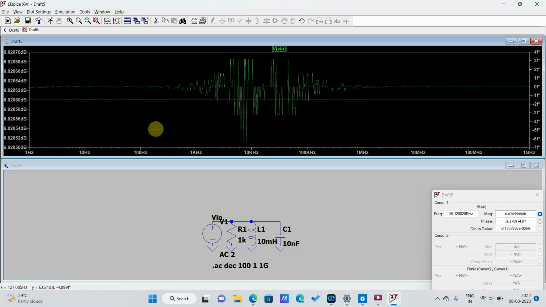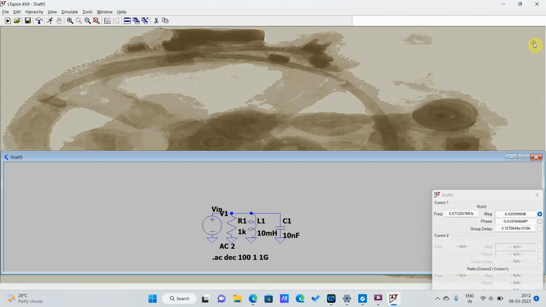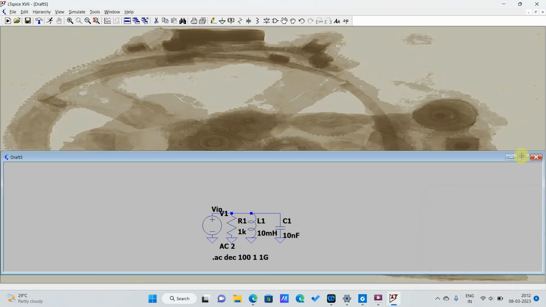The gain remains constant for all frequencies. So this was for a parallel RLC.